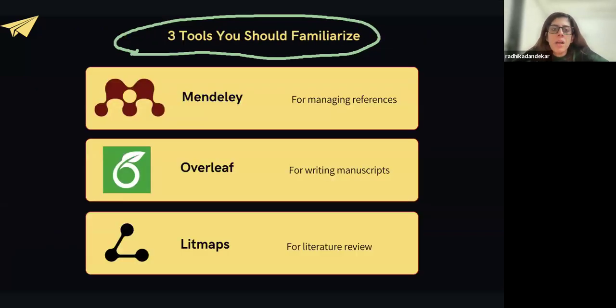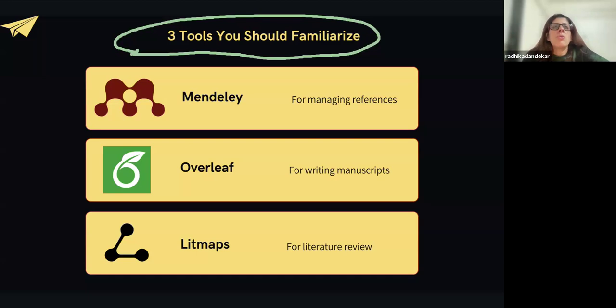Now, what are the tools that you should familiarize yourselves with when writing a research paper? The first tool is Mendeley. This tool is basically used for managing references. Using Mendeley, you can create a library of papers that you've read, and this is exactly the software version of the manual Excel sheet that I just showed.